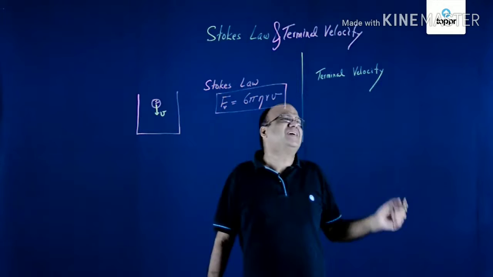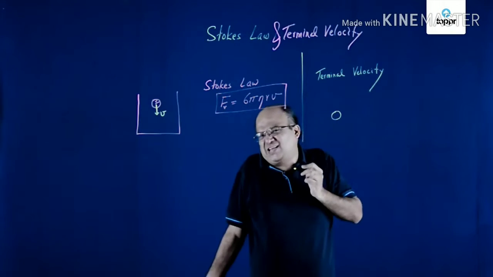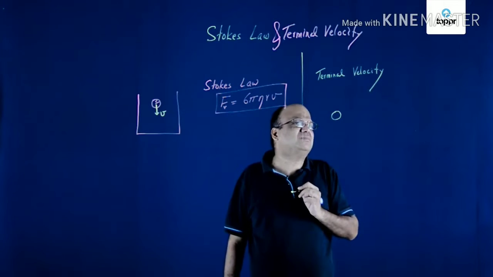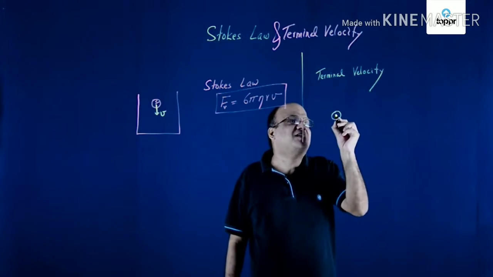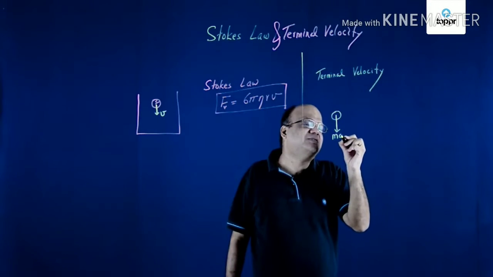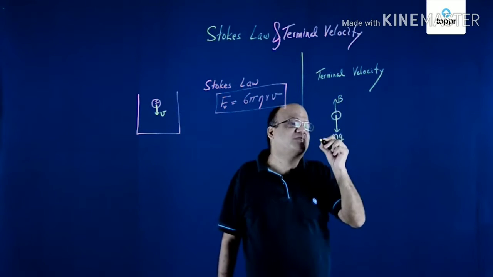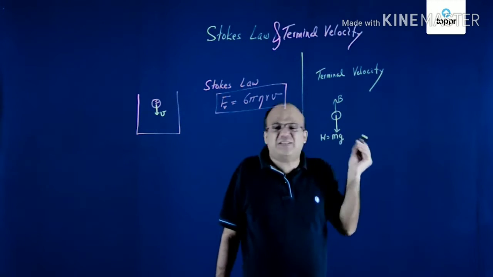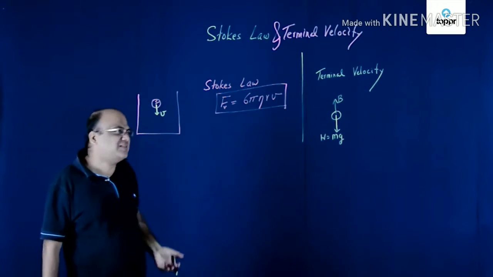This body starts falling with initial velocity 0. What are the forces acting on it? The weight is acting vertically downwards, and there is a buoyant force acting upwards. So only these two forces act on the body when the velocity is 0.